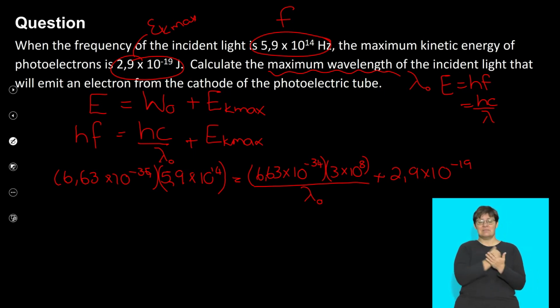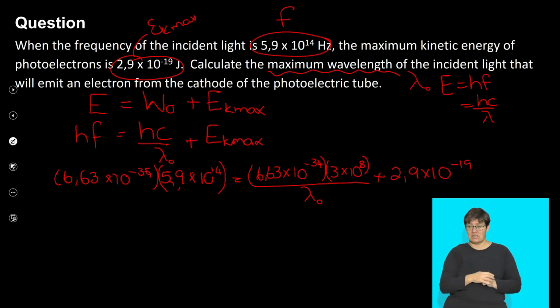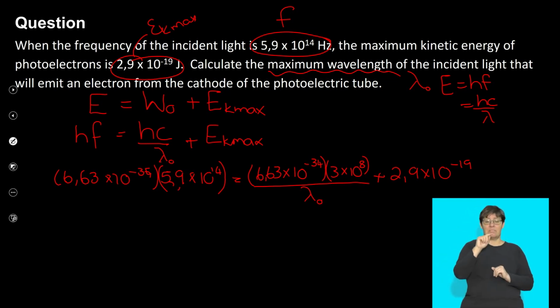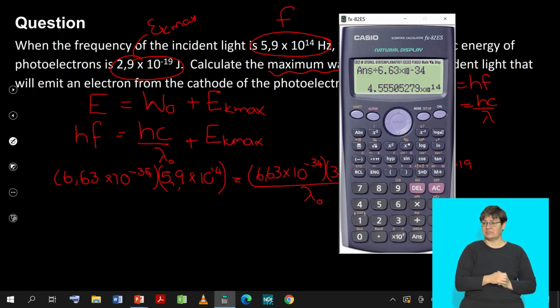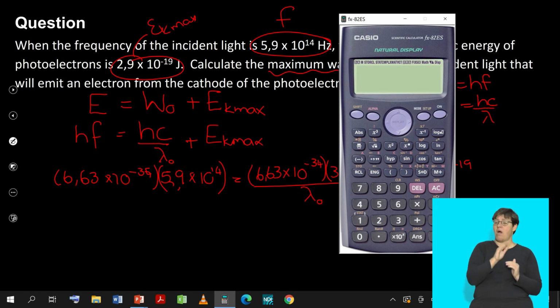I'm just going to need to save some space here. So what I'm going to do on my calculator right now is I'm going to go 6,63 times 10 to the minus 34 times the 5,9 times 10 to the 14, and then I'm going to minus the 2,9, okay? Because I need to just get some space for us, because I need to show you what to do after that.